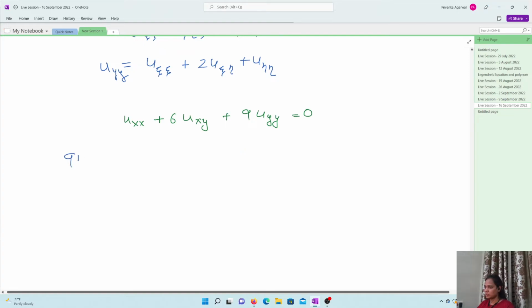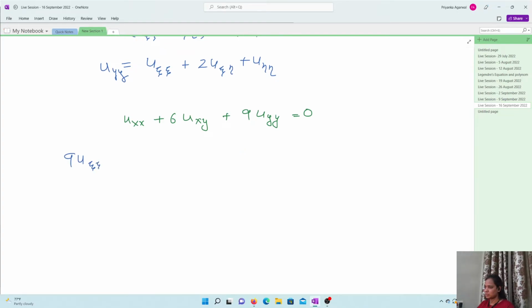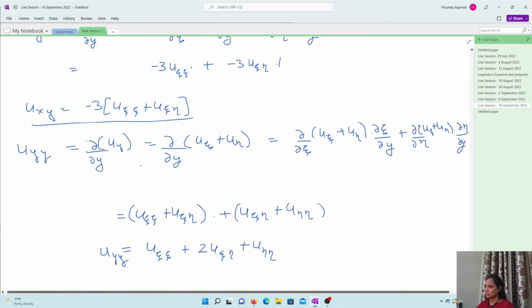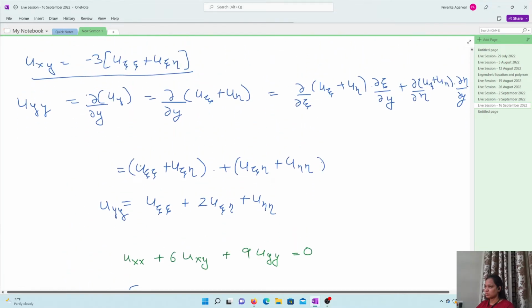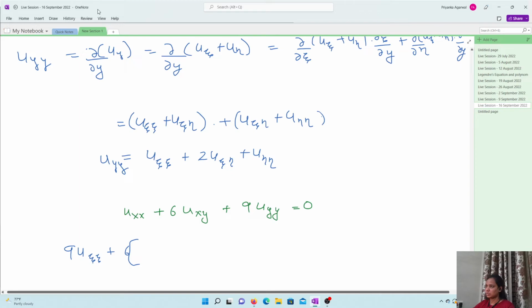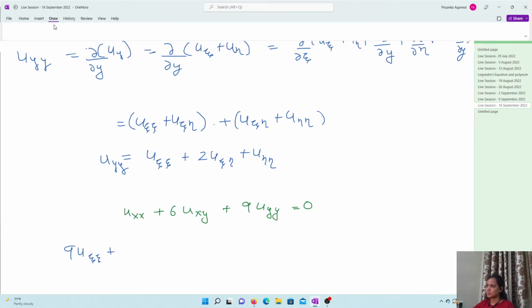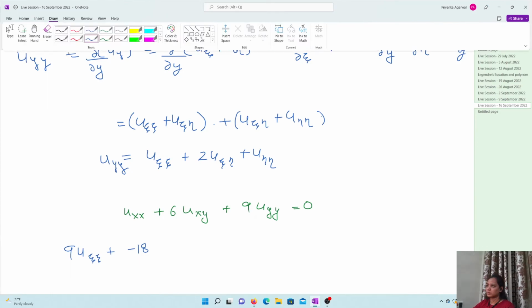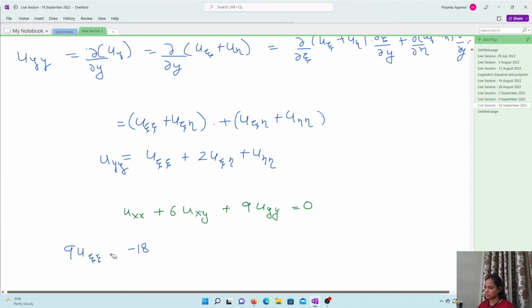So 9 u xi xi plus 6 times uxy, which is minus 3 times that term. So this becomes minus 18. You can remove the plus sign from here.